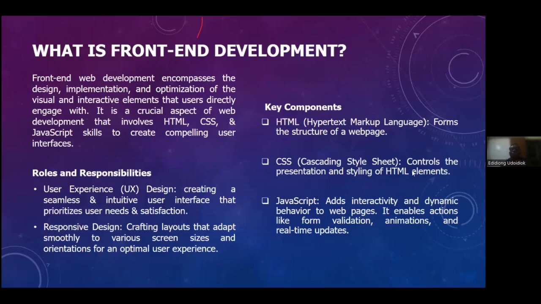Now we talk about CSS. How does CSS relate to front end? The full meaning of CSS is cascading style sheets. It's a style sheet. What it does is, after the HTML has defined the structure of how our site is going to be, the CSS controls how these structures are presented.